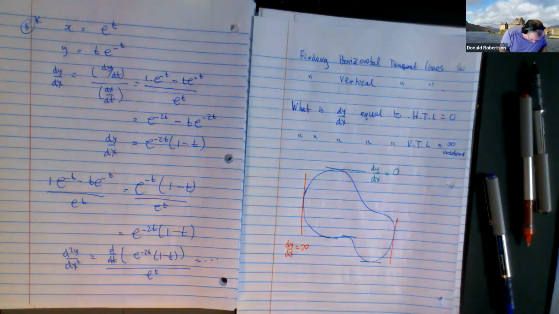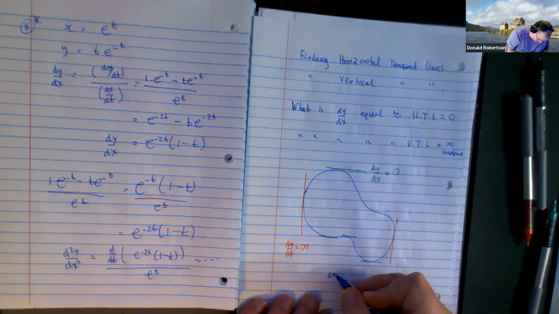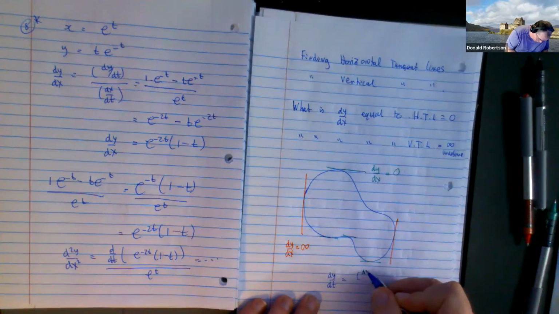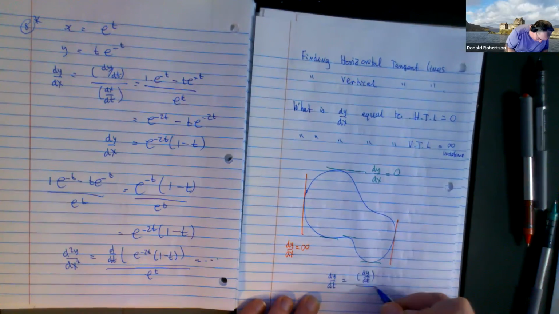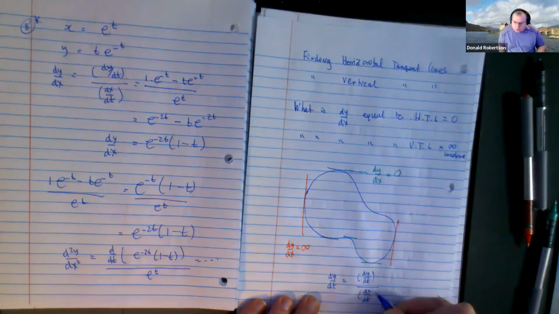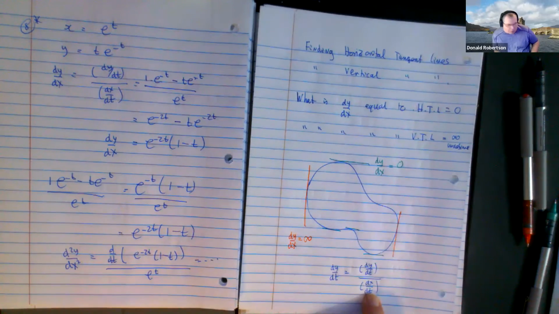But remember the formula for calculating dy by dx. It was made up of two pieces. A dy by dt on the top and a dx by dt on the bottom, right?